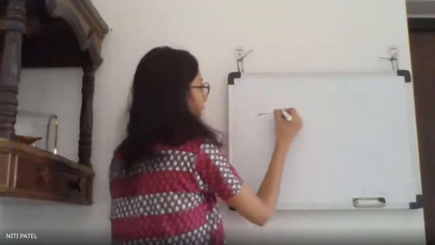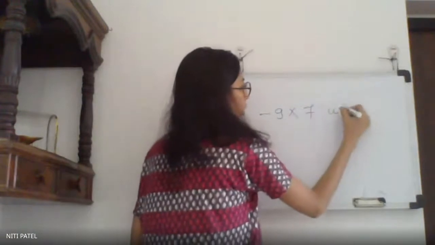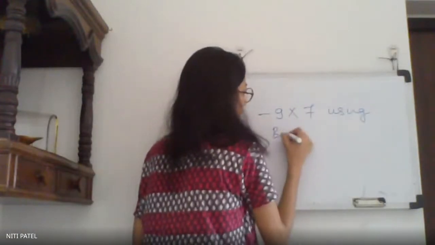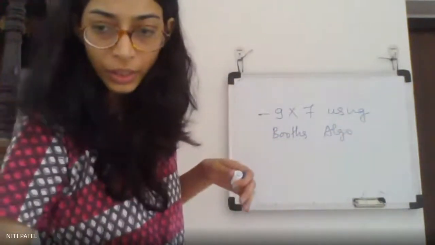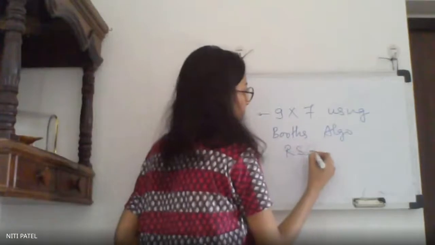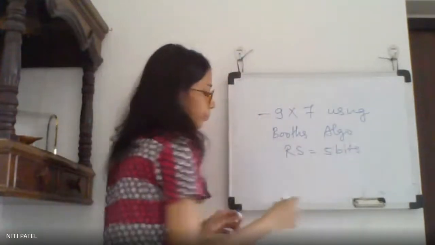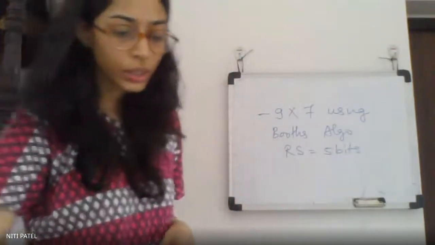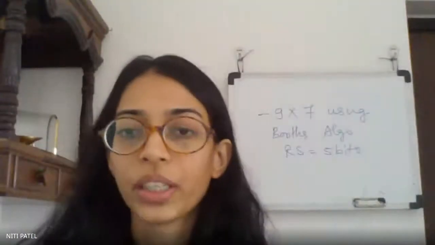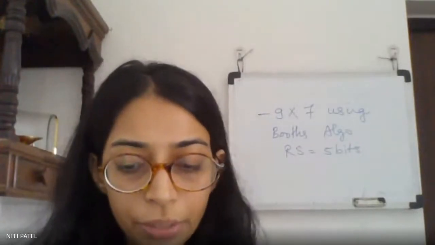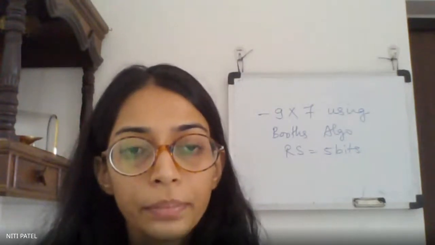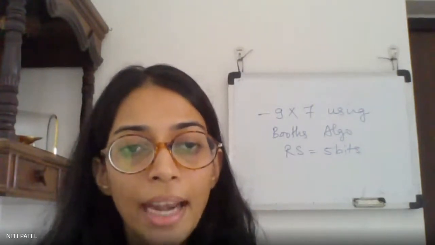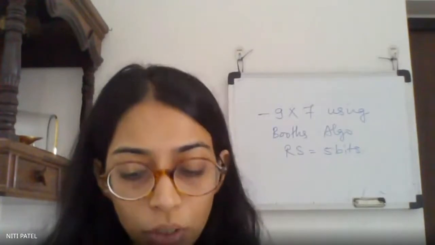Multiply -9 into 7 using Booth's algorithm with register size as 5 bits. Solve this sum. I'll ask somebody to give me the values of each and every step. Start solving. You will first find out M. You will find out -M, Q, AC, and Q minus 1. And then solve it in the tabular format.